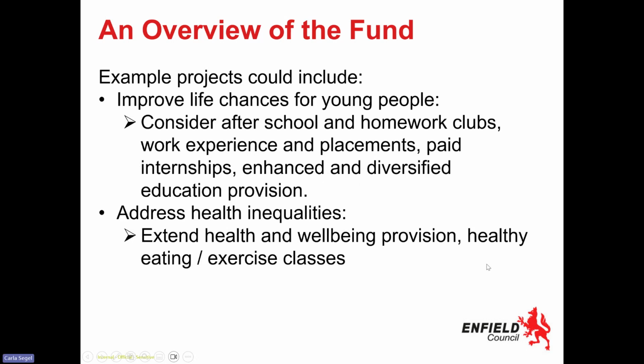Improving life chances for young people, you could consider after school or homework clubs, work experience placements, paid internships, and enhanced and diversified education provision. Addressing health inequalities could include extending health and wellbeing provision, healthy eating or exercise classes. Those are just some examples of the types of projects and initiatives that could fall under those headings.